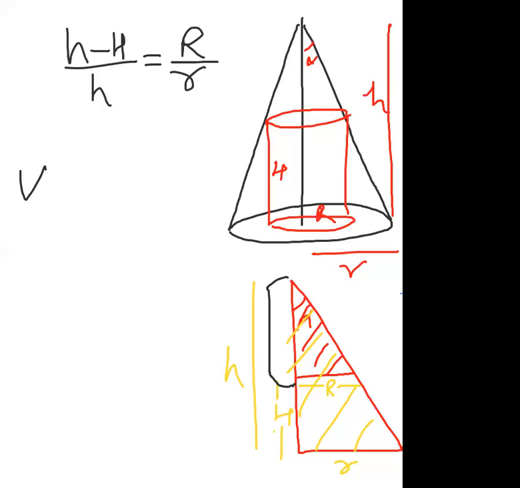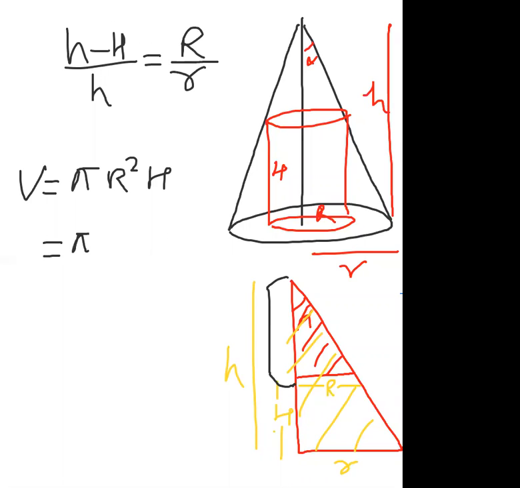So the volume of the cylinder is pi R square H. Now we need to convert it into one variable. To do that, we put in the value of R from here.